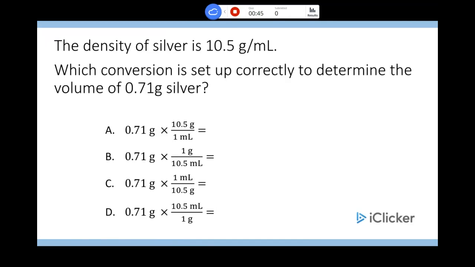Are you all getting this question to your devices? Okay, we'll do 40 more seconds. It might be helpful to write out the equation instead of just trying to visually see it. Ten more seconds. Okay, 20 more seconds.